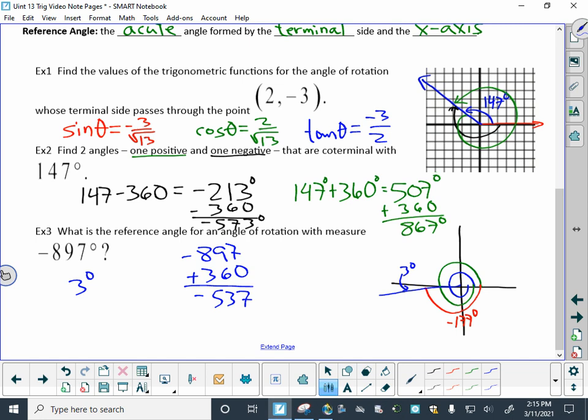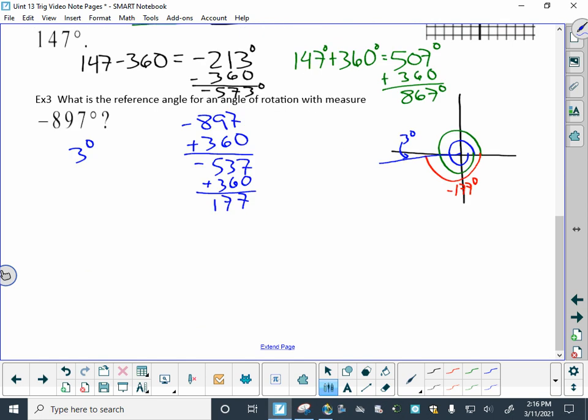Okay, still more than one full rotation, so I'll add another 360 onto that, and that's where I get negative 177, and I should have a pretty good idea where negative 177 degrees falls, because that's in the first rotation. It's just that red part on the diagram there.